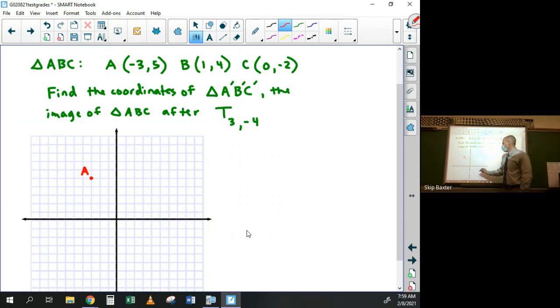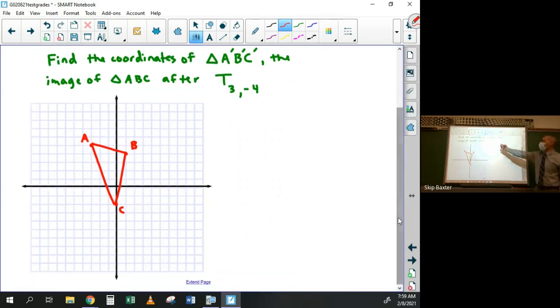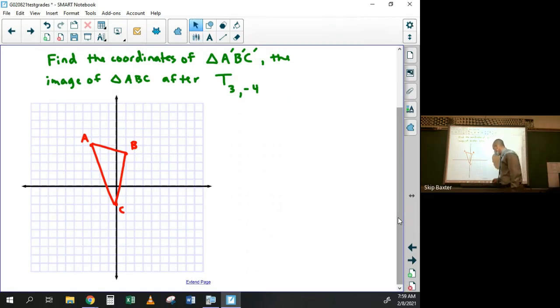B is 1, 4. And C is 0, -2. There's the original triangle. And then you just look at the rule. The rule is saying to move this 3 units to the right and 4 units down.